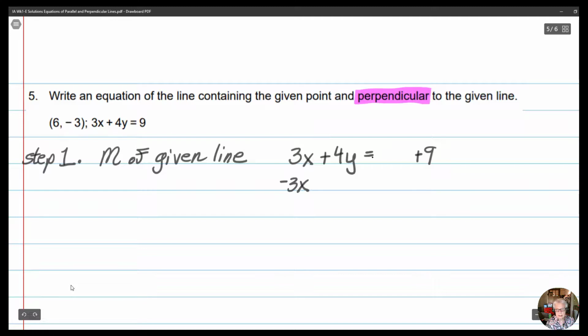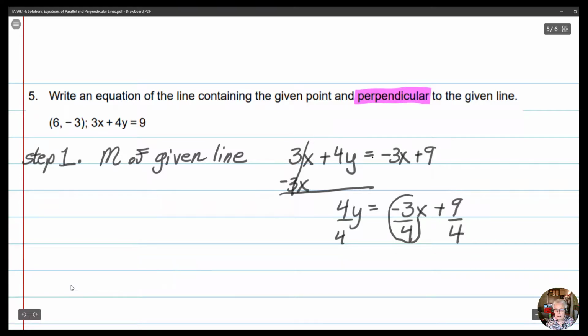Minus 3x, negative 3x. 4y equals negative 3x plus 9. Divide by 4, divide by 4, divide by 4. The slope of the given line is negative 3/4.